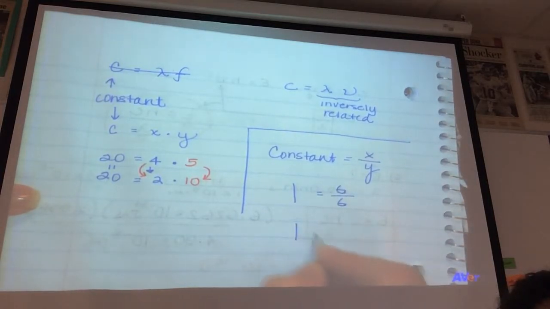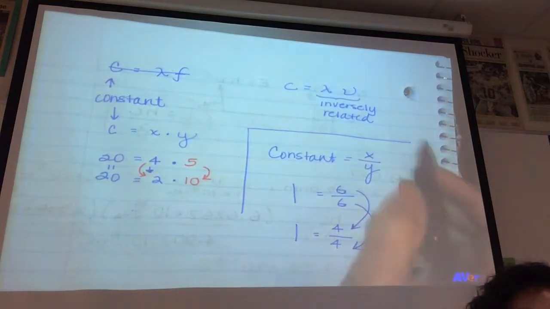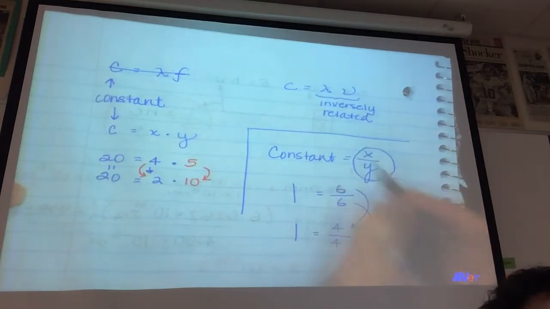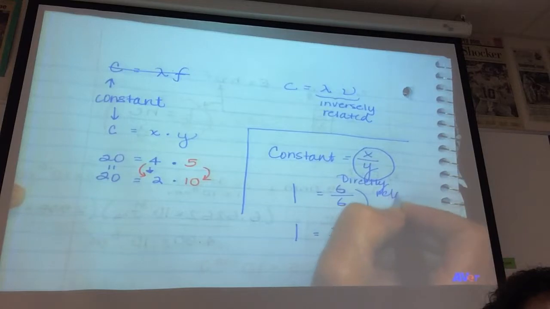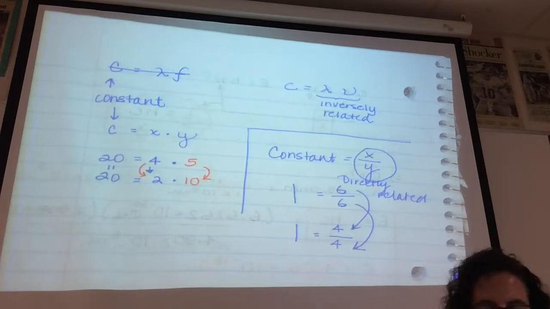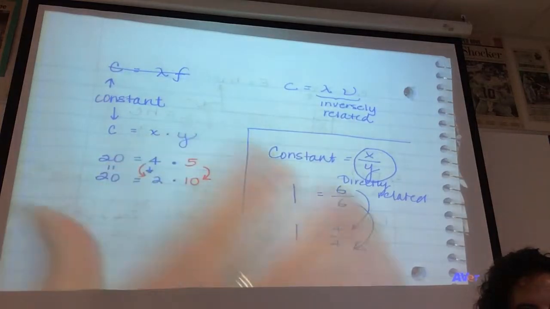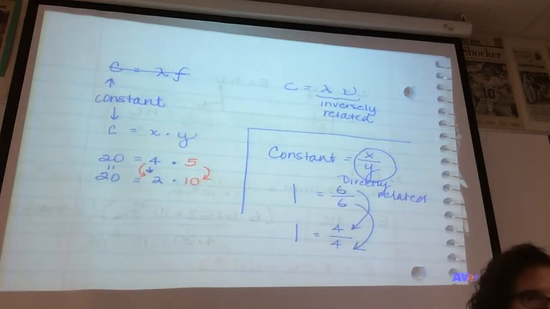If my constant is 1 and I decrease x to 4, what would y be? 4. So these will decrease by the same factor. When you divide two variables, they are directly related. When you multiply two variables, they are inversely related. They behave oppositely. And as we get into the problem solving, you'll see that understanding this concept will be crucial.